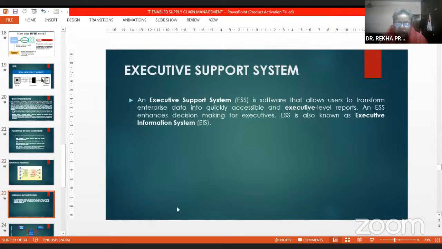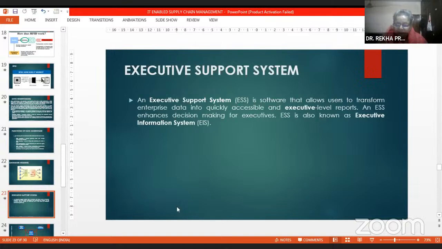Then you have the executive support system, a software used by the top executives of any organization. They don't want everything in detail, but they want a summary report of the whole affair, a holistic report.